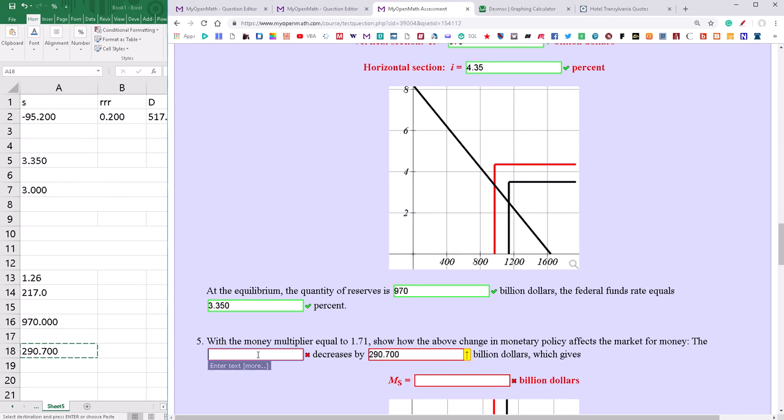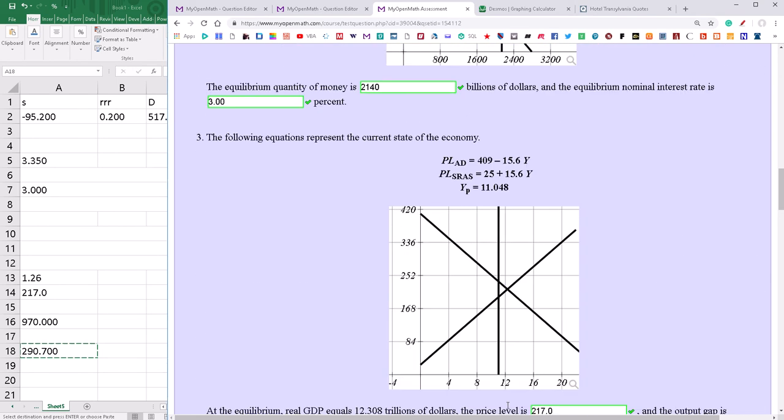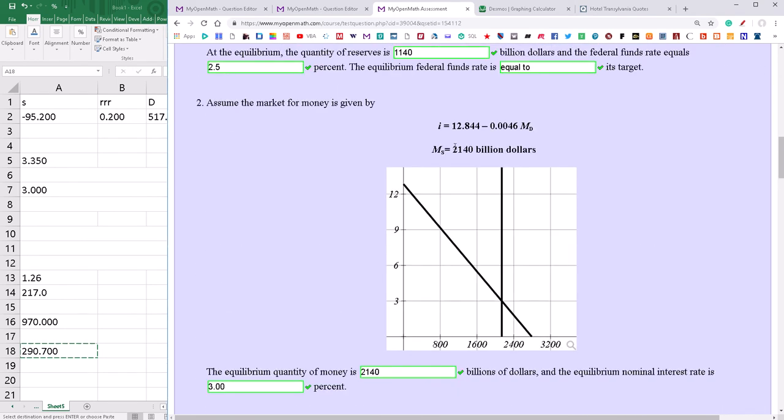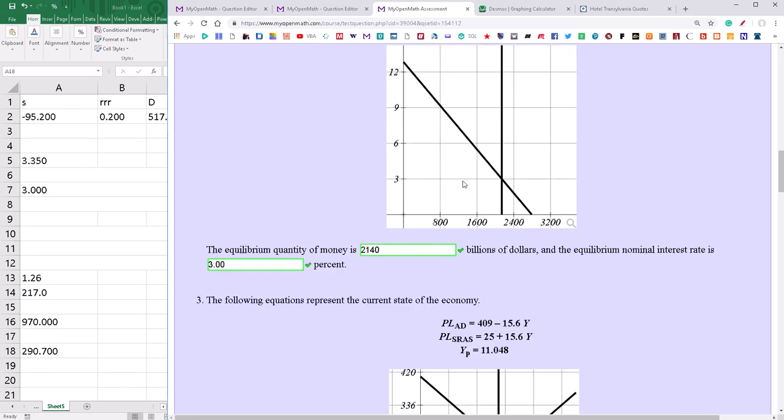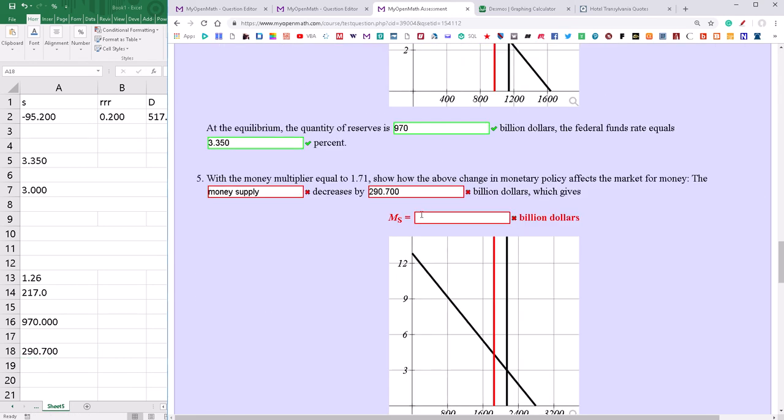So the money supply, this is what the money supply is going to drop by. The money supply decreases by that amount, the multiplier multiplied by the open market sale. Now the money supply was 2140 billion, right? That's what it was on the black line right here.